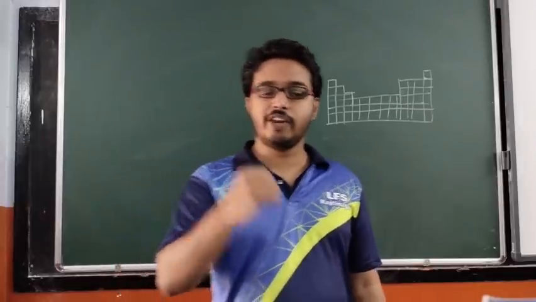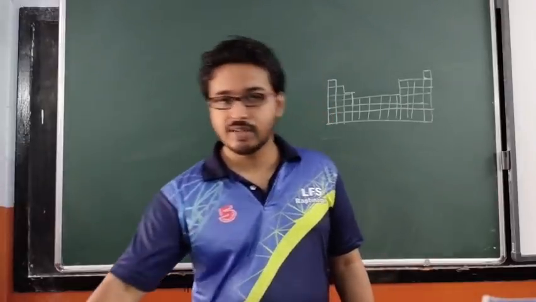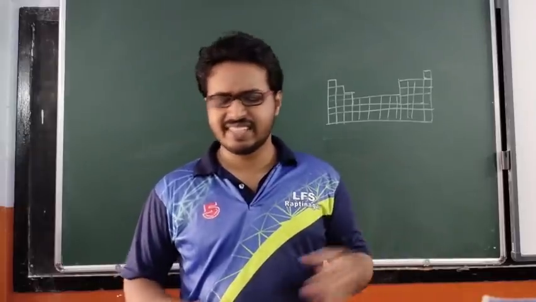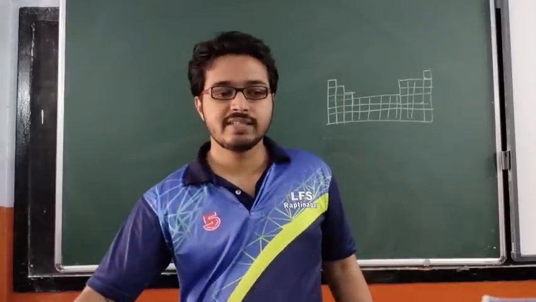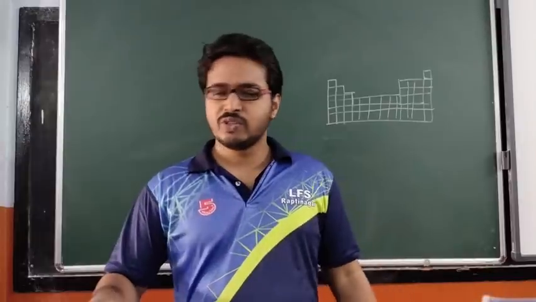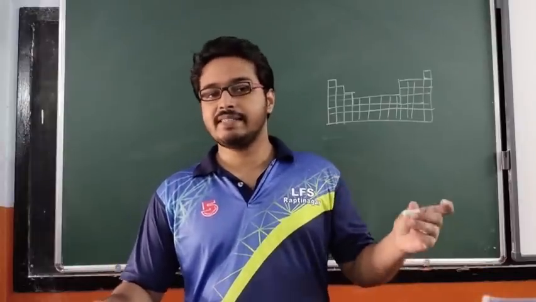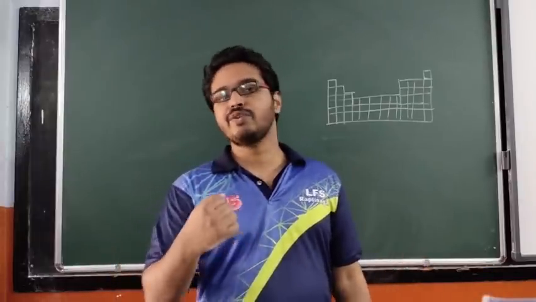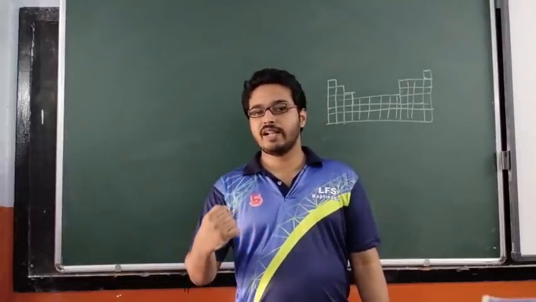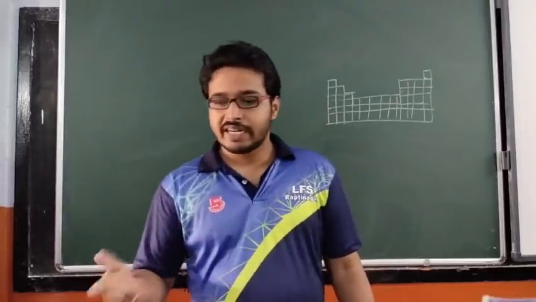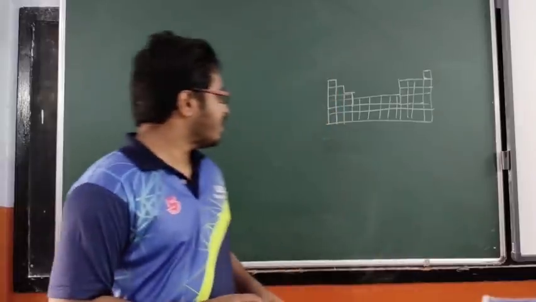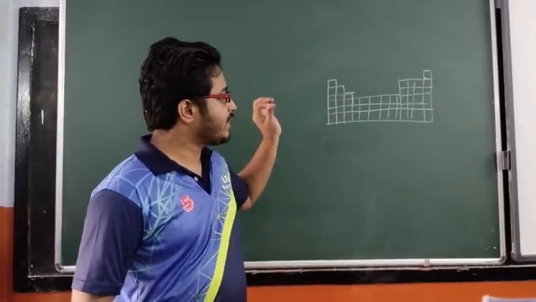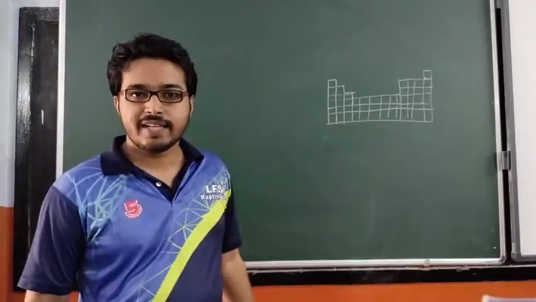Okay, so the first periodic property that you are going to study is atomic size. But before going to any of the periodic properties, you are supposed to study a little bit extra that is not mentioned much in the textbook. It is about the nuclear charge. That is the most important thing that you need to discuss while studying this chapter. And before that, just look at the rough periodic table that I have shown.